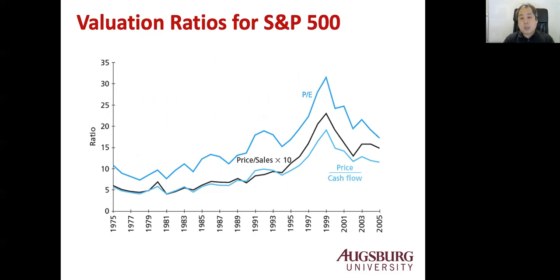That's why we can use the price to sales or price to cash flow instead of the PE ratio. But if you have the PE ratio number, that's probably the most commonly used multiple in the market. The PE ratio is usually simply called the PER. So in the market, if somebody says PER, that's the PE ratio.